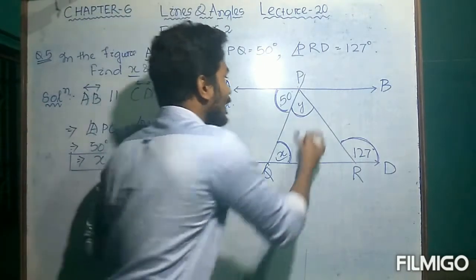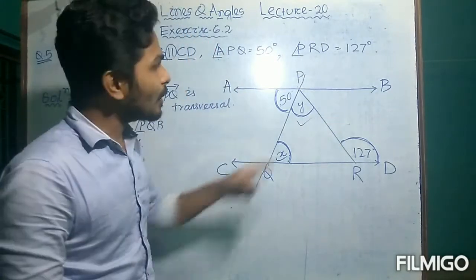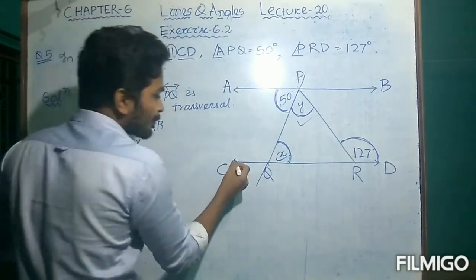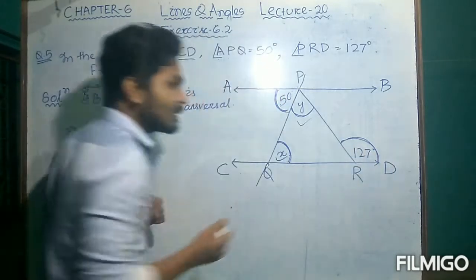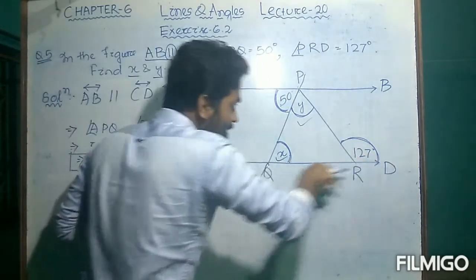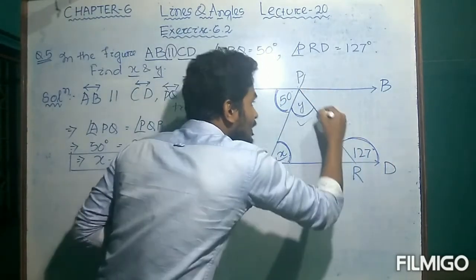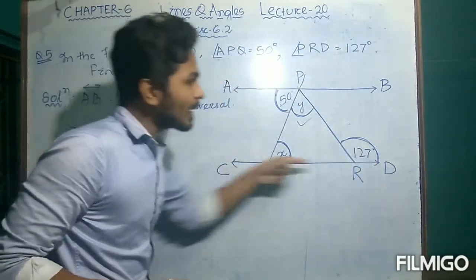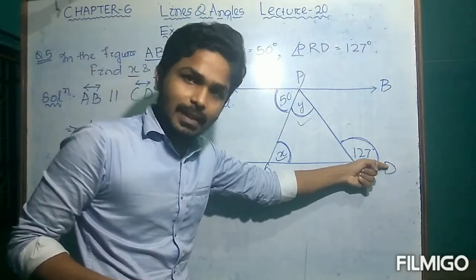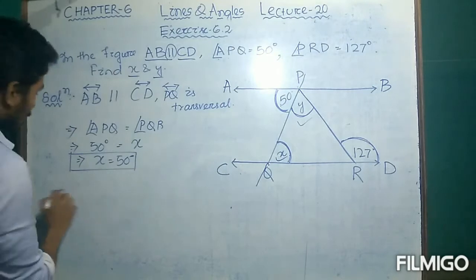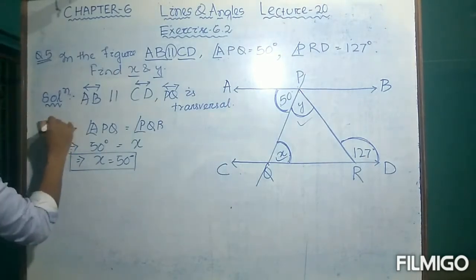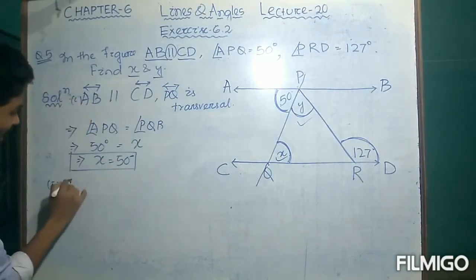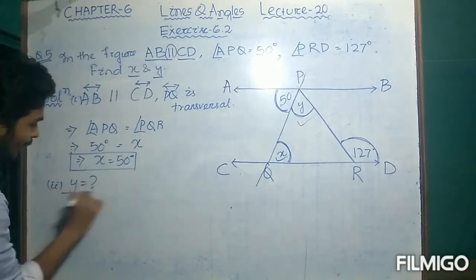Now we will go for finding the value of y. How can you find it? See, CD is a straight line, and on this straight line, this is a ray which stands on it. This is the value of x. Now we will find the value for y.